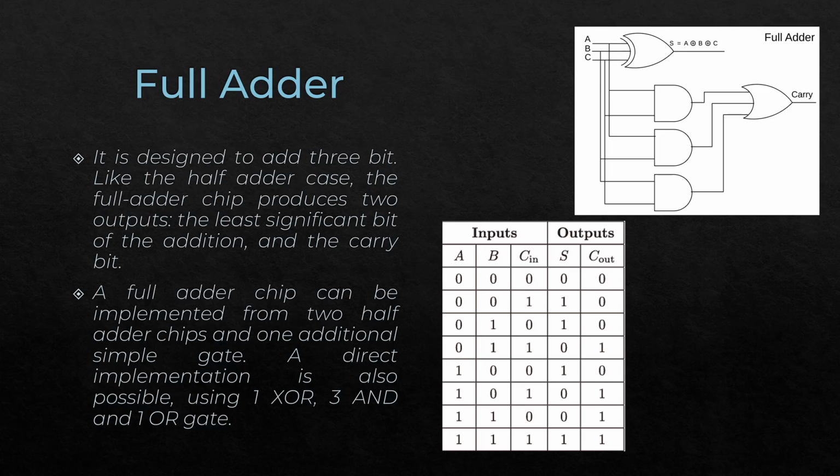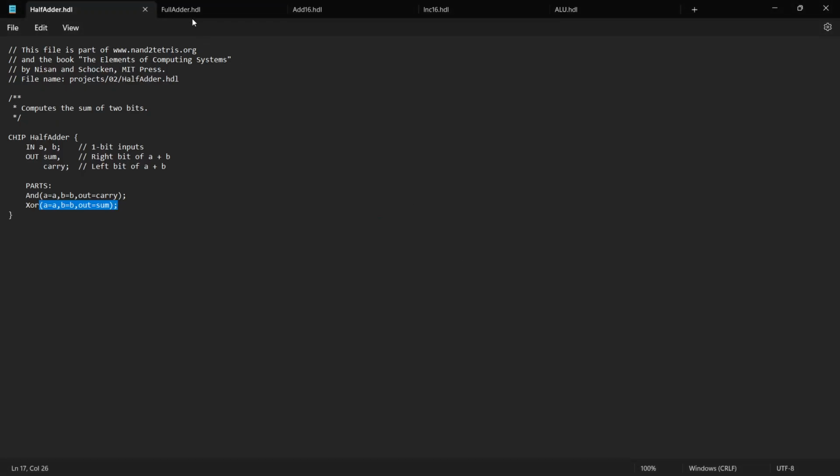A direct implementation is also possible using two XOR, three AND and one OR gate. As you can see in the figure, the sum bit is the XOR of all the bits A, B, and C, and the carry bit is the OR of the ANDs of the operations. This is the truth table we should be getting, and let's see the code for this.